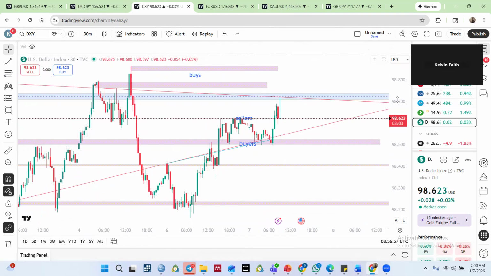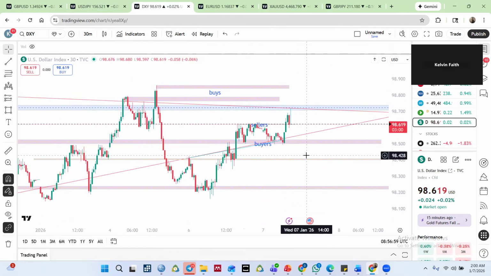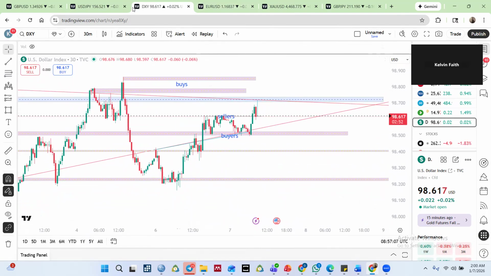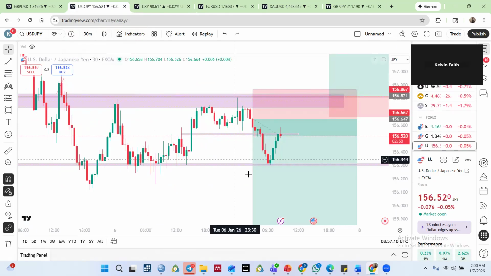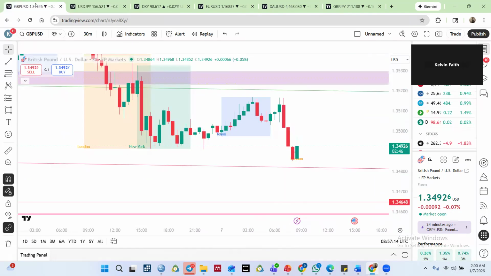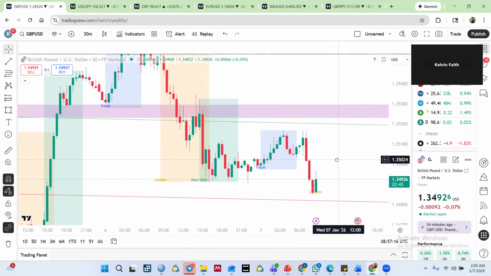These are the zones that I will be selling from. But a better confirmation will be below this area when price is below here. Okay, so I'm going to keep waiting on what London session is going to bring. The session is still young.